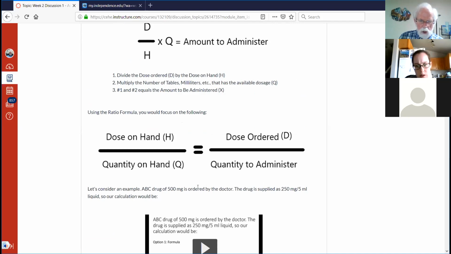The dose on hand is this 250 milligrams. And the quantity on hand is 5 milliliters. So we use what's written on the label. Do not get smart and divide this and make it 50 milligrams per milliliter. Just use the numbers you're given.